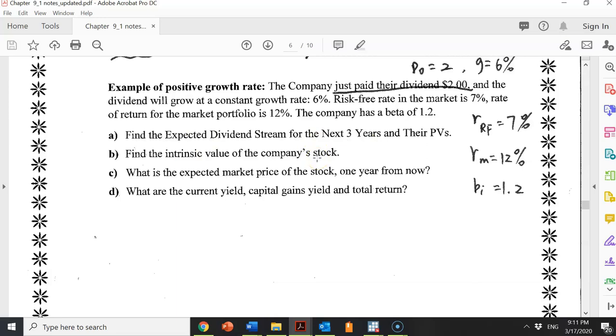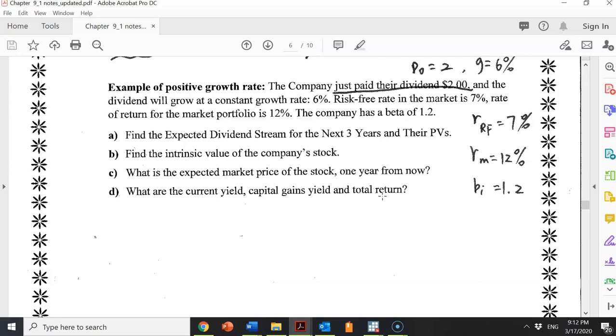We can, of course, use the constant growth model because we have a constant G. Then the expected market price of the stock 1 year from now. We want to know P1. Question B here is asking for P0. We also want P1. We also want current yield, capital gains yield, and total return. So here you can probably try to solve this question by yourself.